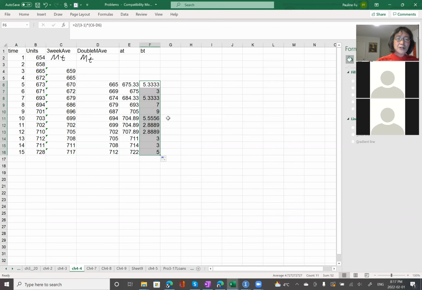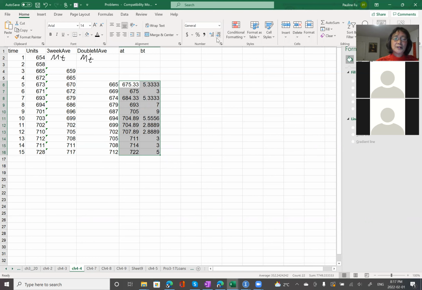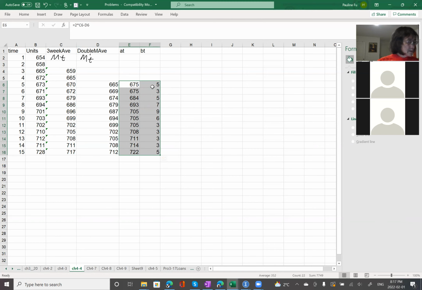And then you may wish to eliminate decimals. Our textbook gave all whole numbers, so I'm just going to eliminate decimals. All right. So after AT, BT, the forecast is AT plus BT.